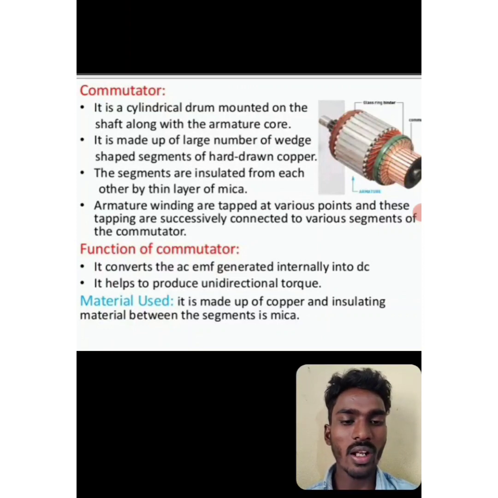Armature windings are tapped at various points and these tappings are successively connected to various segments of the commutator. Function of commutator: to convert the EMF generated internally into DC, it helps to produce unidirectional torque. Material used: it is made up of copper, and the insulating material between the segments is mica.